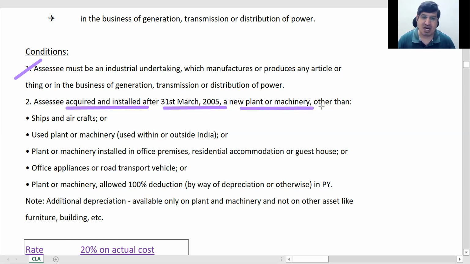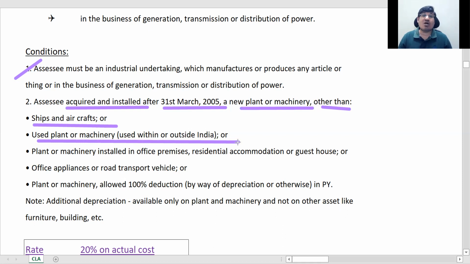New plant or machinery other than what is not allowable. New plant and machinery other than ships and aircrafts. For ships and aircrafts, you will not get additional depreciation. Used plant or machinery and second-hand plant or machinery used within or outside India.